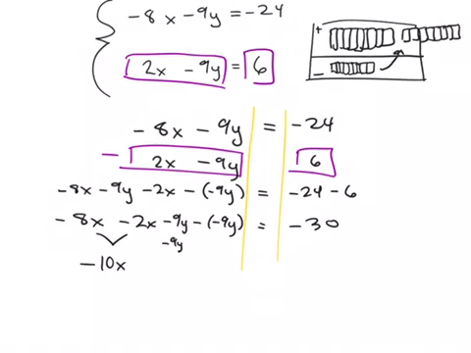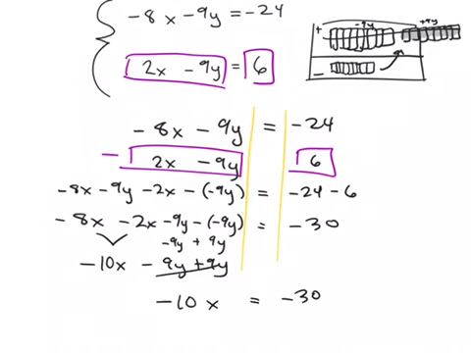Once I fill those 9 tiles in, they become positive. Now I have negative 9y tiles and positive 9y tiles together, and they eliminate as a zero pair. They annihilate each other. So negative 9y minus a negative 9y becomes negative 9y plus 9y, a zero pair, and I'm left with just negative 10x is equal to negative 30.